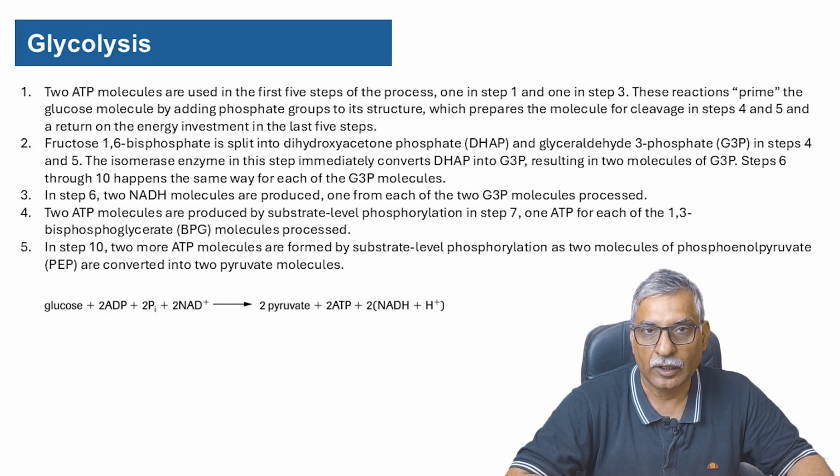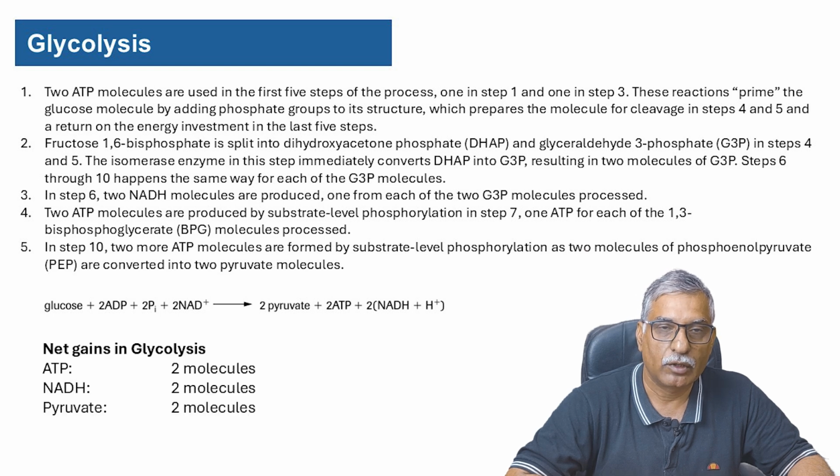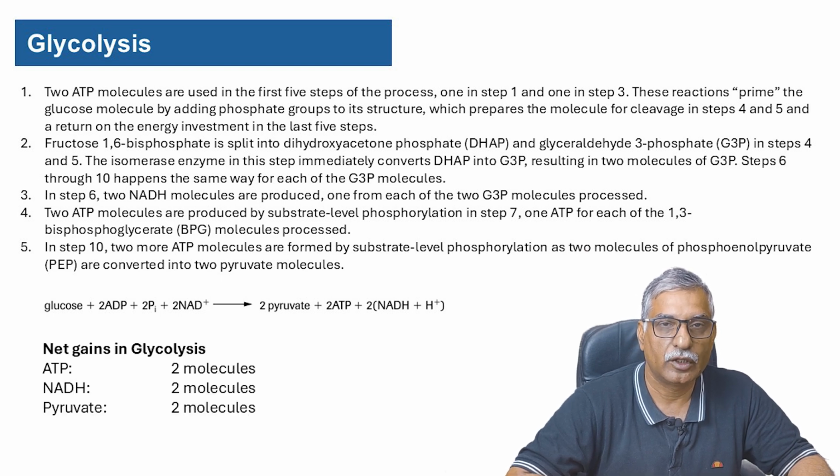Remember one thing, that during this glycolysis process, energy efficiency is very low. Hardly there is a net gain of 2 ATP molecules, and each ATP molecule contains 30.5 kilojoules of energy, or if we round it off, 31 kilojoules of energy.